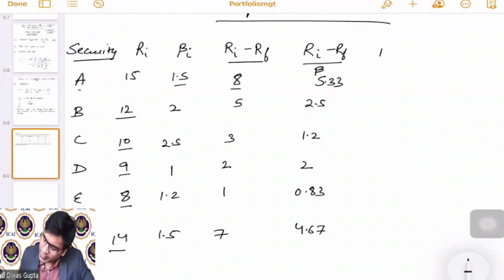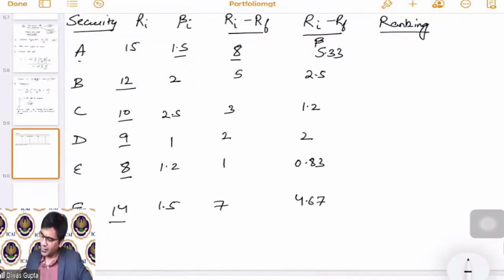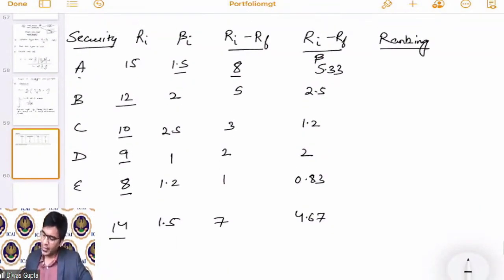So now we are doing the ranking. Students, if you see within this, how is the ranking? Where is the highest Ri minus Rf divided by beta? First ranking is A, because 5.33 is highest. Second ranking is F, 4.67. Third ranking is B, 2.5.